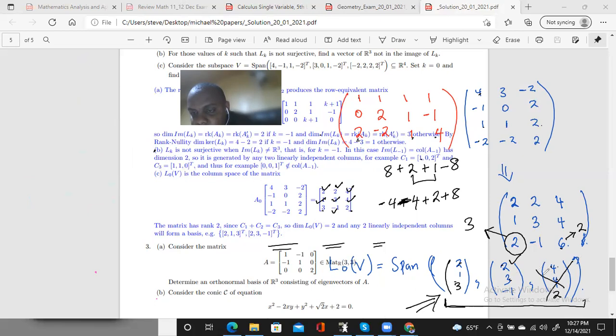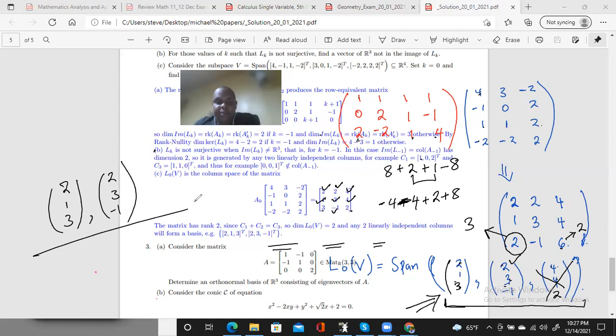So cancel him out. He's depending on these two. And so the basis is going to be 2, 1, 3, and 2, 3, 1, and 2, 3, minus 1. There you go. Perfect.